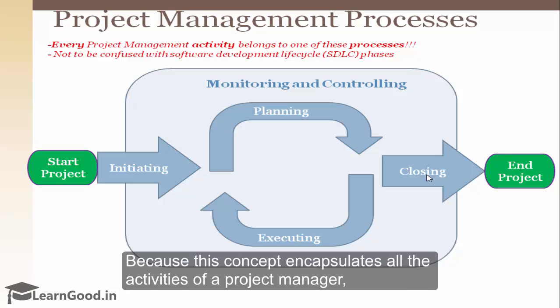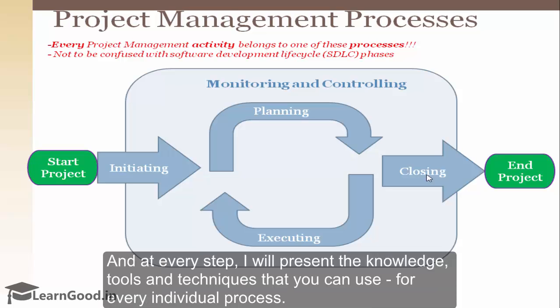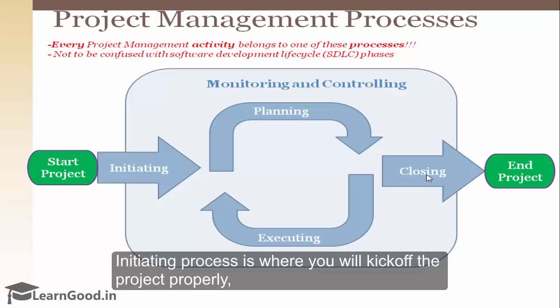Because this concept encapsulates all the activities of a project manager, our entire course is structured around the same design. And at every step, I will present the knowledge, tools, and techniques that you can use for every individual process. Let us look at these processes one by one.